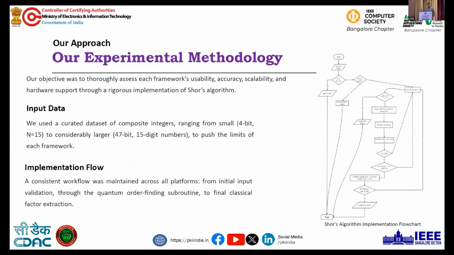We factored integers ranging up to 15 digits, taking 47-bit numbers. The workflow was consistent: validating the inputs, running the quantum order finding steps, and extracting the factors. This is the way we could compare the frameworks under similar experimental conditions.